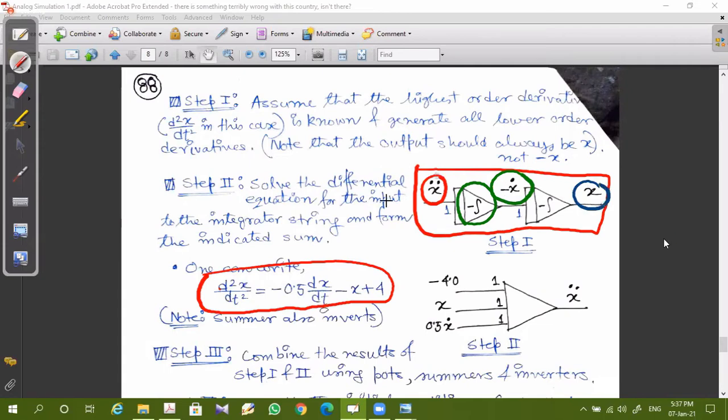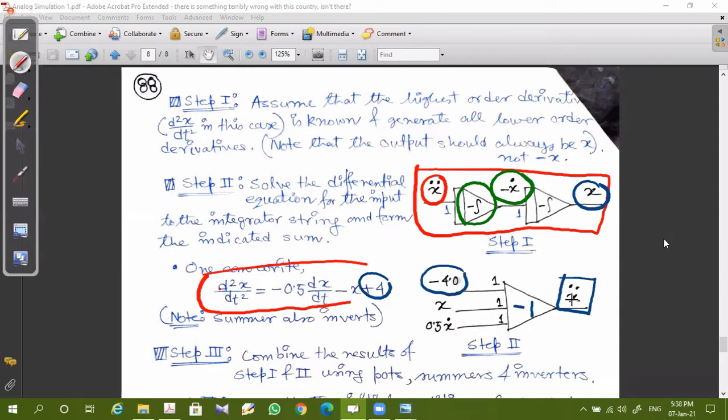Now, the next step will be to obtain this x double dot as a combination of this x dot and x. How can that be obtained? See, we have already written the equation. So this x double dot, keep in mind, this is minus 1, this is inverting, should be equal to 4. Since it's plus 4, we need to incorporate an input of -4.